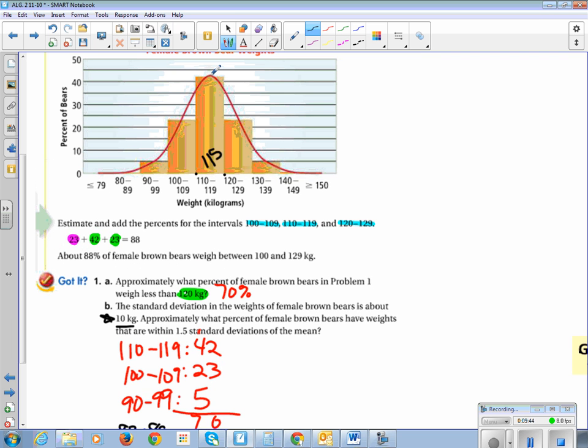We want to know within 1.5, so one standard deviation is 10 and 0.5 is 5. So we go to the left and to the right.